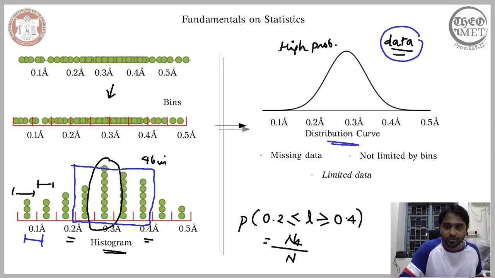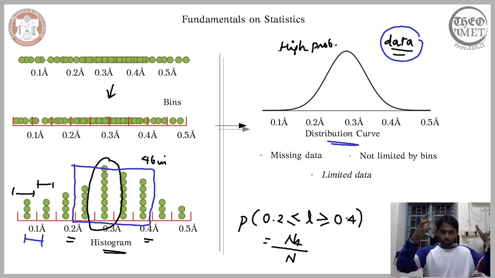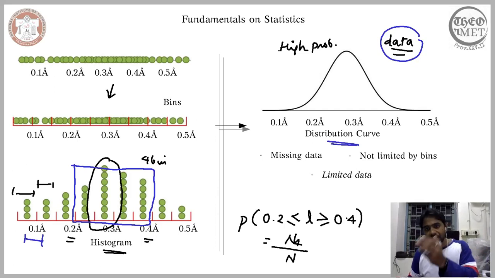The distribution curve is essentially the population distribution represented in the form of the histogram. You translate that representation by fitting a curve onto the histogram, and you end up with the distribution curve. There are several advantages of this distribution curve, and one key advantage that we saw is it is possible for us to measure the probability of a particular lattice parameter falling into a range that is not defined by the bins.